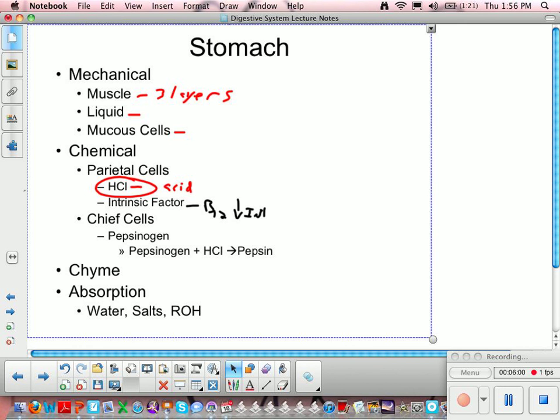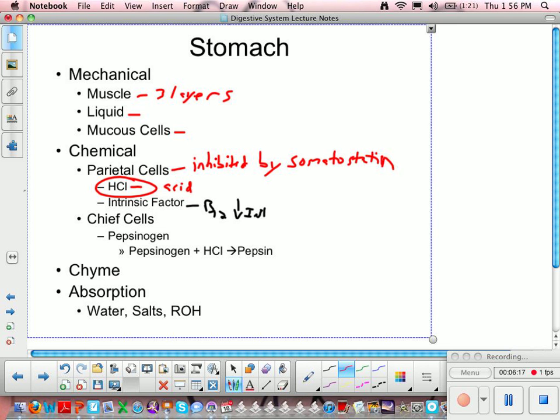Parietal cells are inhibited by somatostatin. Remember that hormone, somatostatin. So they're inhibited by that. The parasympathetic nervous system is what inhibits somatostatin release.